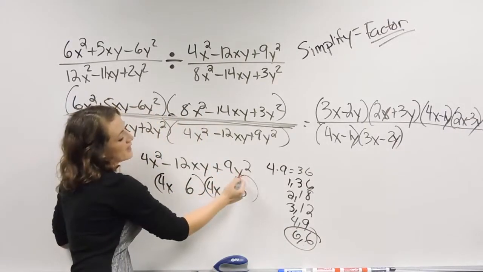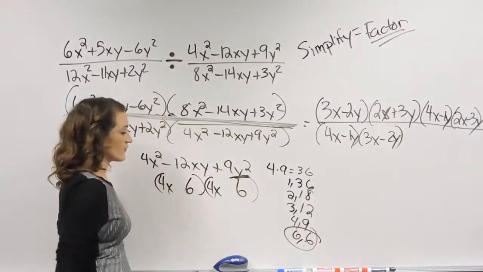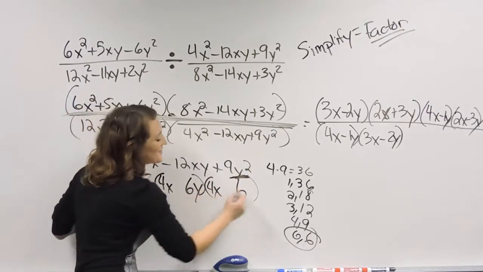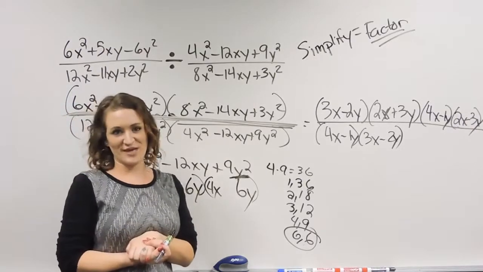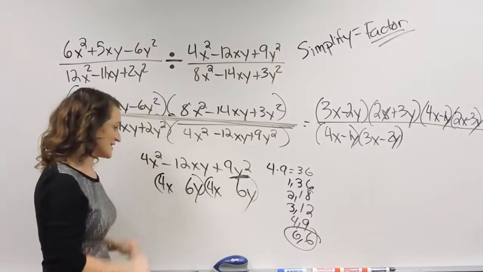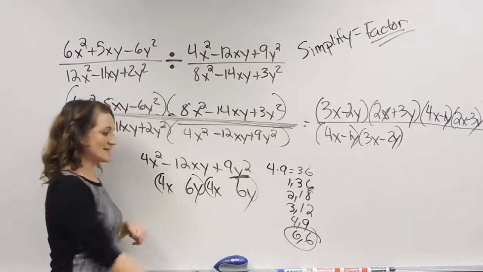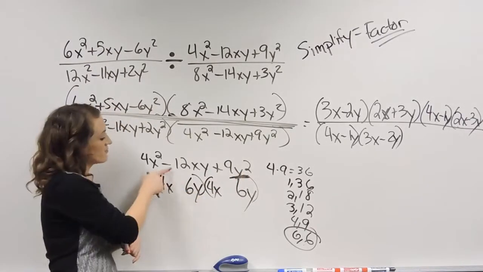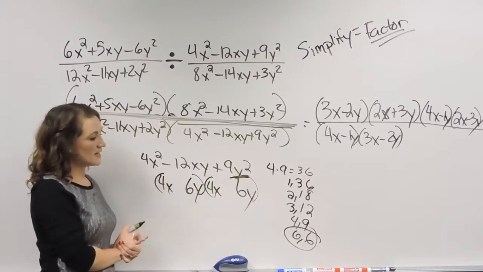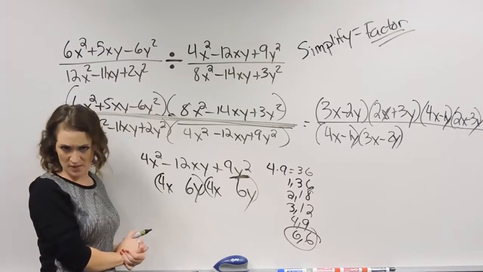Also remember, we have that y squared over here. So in this last spot, we have to add on those y's. So I was very bad about forgetting that there. But I remembered it this time. Y times y is going to give us this y squared here. Looking at our signs, our middle term is negative. So the negative is supposed to go with the bigger one.